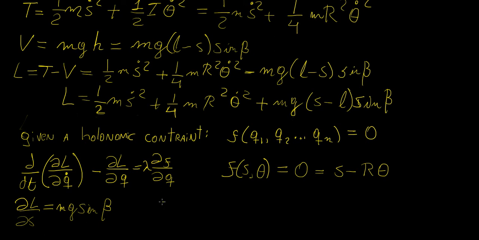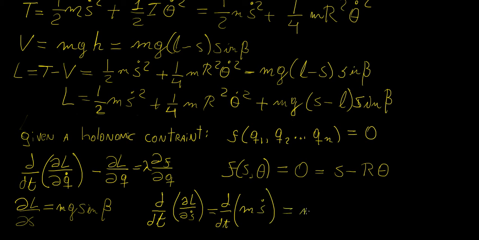Now we're going to differentiate the following. We're going to have the expression L with respect to s dot. What is this going to be? Well, the time derivative of the following. We differentiate this, so that becomes m s dot, and then the time derivative is m s double dot. That's pretty straightforward. Now what do we have here?